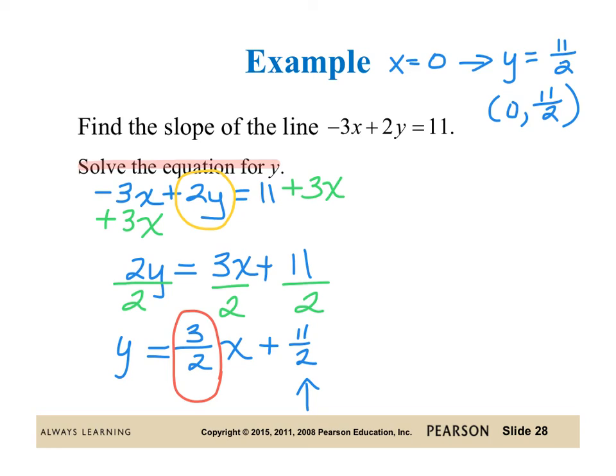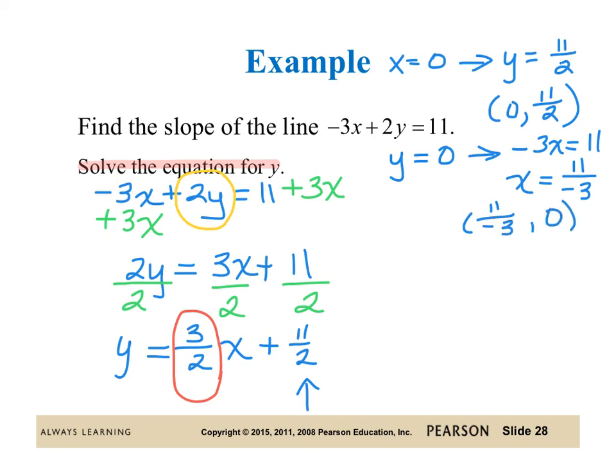And if I let y be 0, then negative 3x equals 11, and that means x equals 11 over negative 3. So that gives me the point 11 over negative 3, 0.